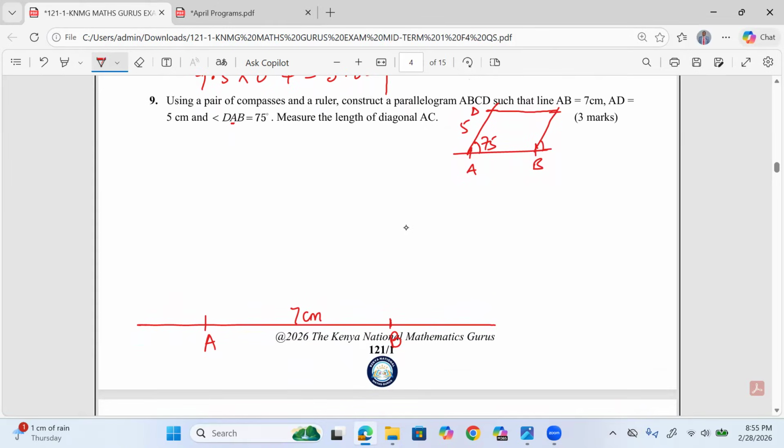I begin by constructing exactly 90 degrees, so I raise a perpendicular at point A.